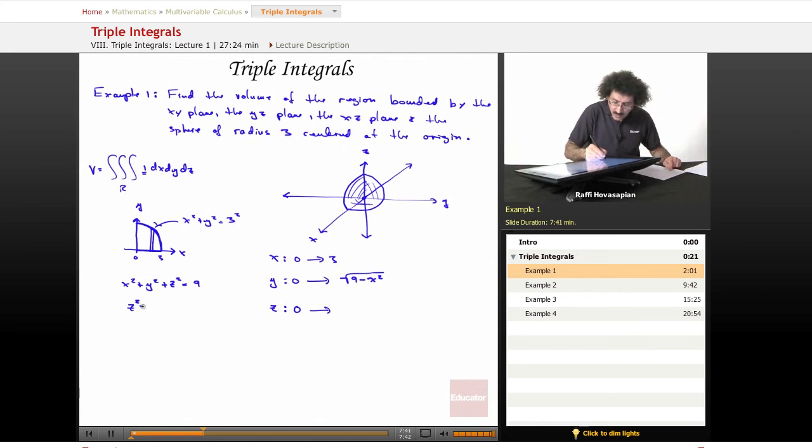Z squared equals 9 minus x squared minus y squared, so z equals plus or minus radical 9 minus x squared minus y squared. I take the plus version because I don't want everything below the xy plane. I want everything above it because I go up. So it is going to be radical 9 minus x squared minus y squared.